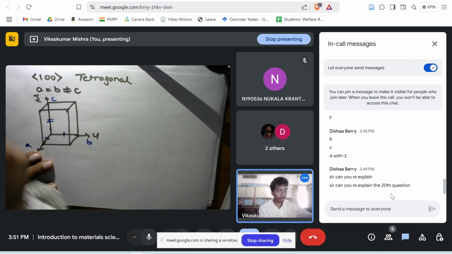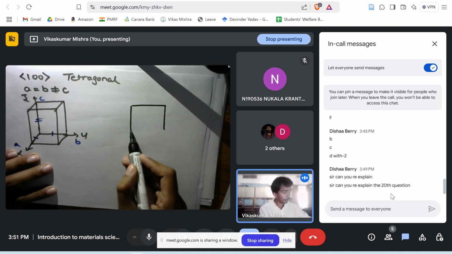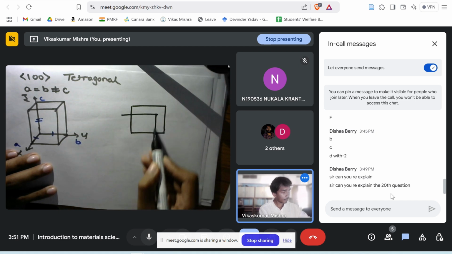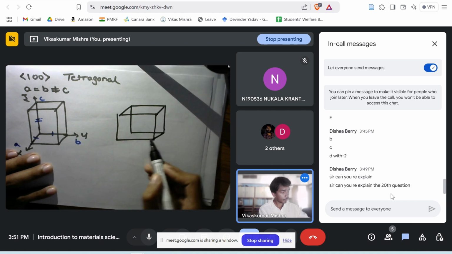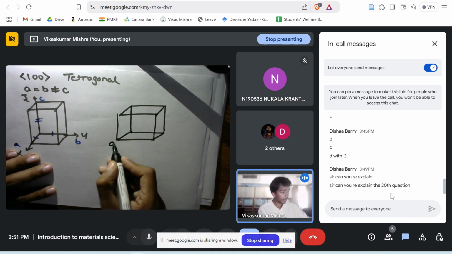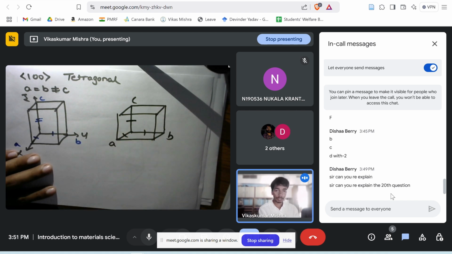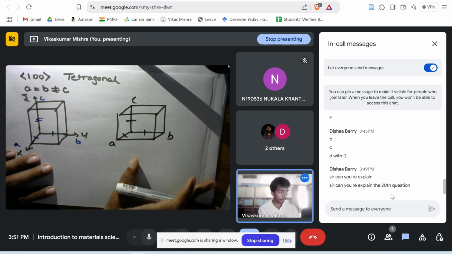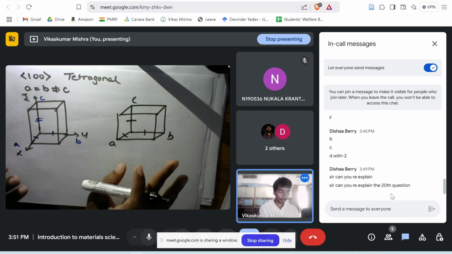While for the cube, if I draw a cube, here A, B and C, all of them are equivalent with each other. They all have the same dimension. They all follow the same symmetry.